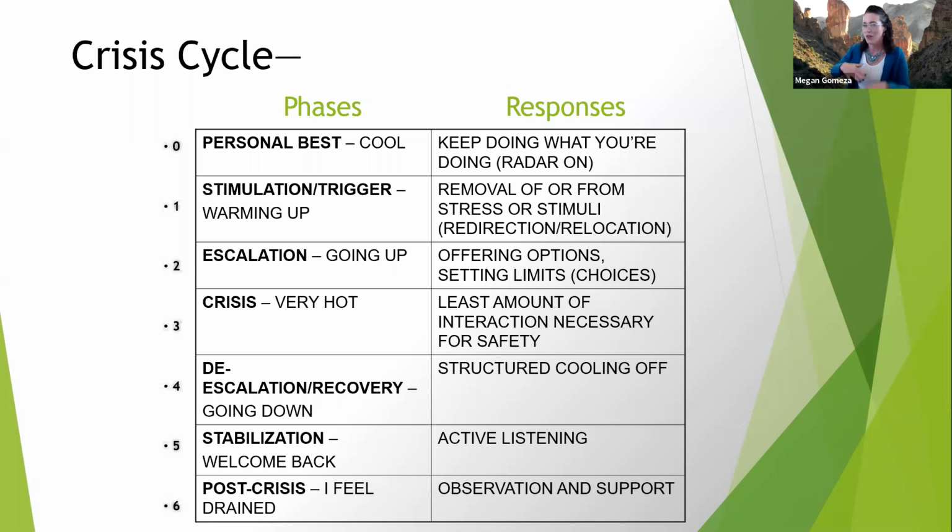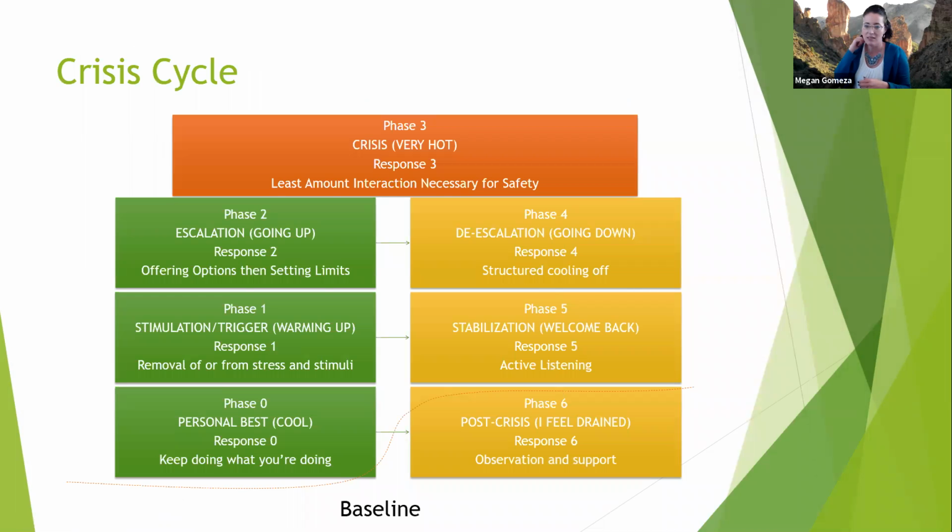So I don't want to imply, showing it like a table like this, that all of these phases happen, because you can short circuit the crisis cycle. And so we're going to talk about that on the next slide, I think. Yes, awesome. All right, so this is the crisis cycle arranged in kind of more of an arc.